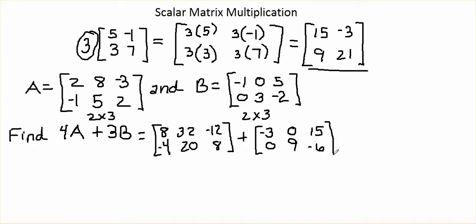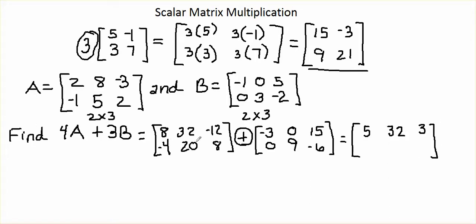Now that we've scaled our matrices, we can go ahead and add our 2 matrices, like we did in section 12-1. So the resulting matrix is 8 plus negative 3 is 5. 32 plus 0 is 32. Negative 12 plus 15 is 3.